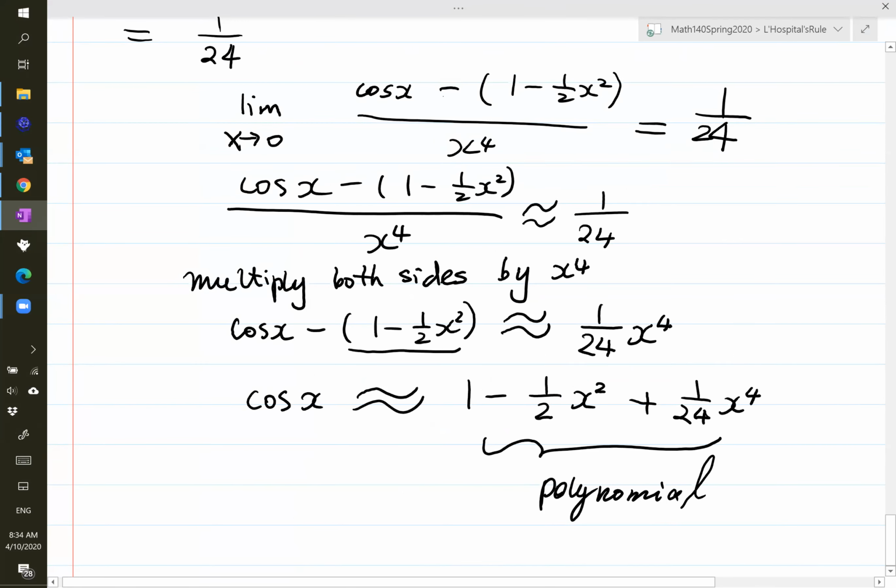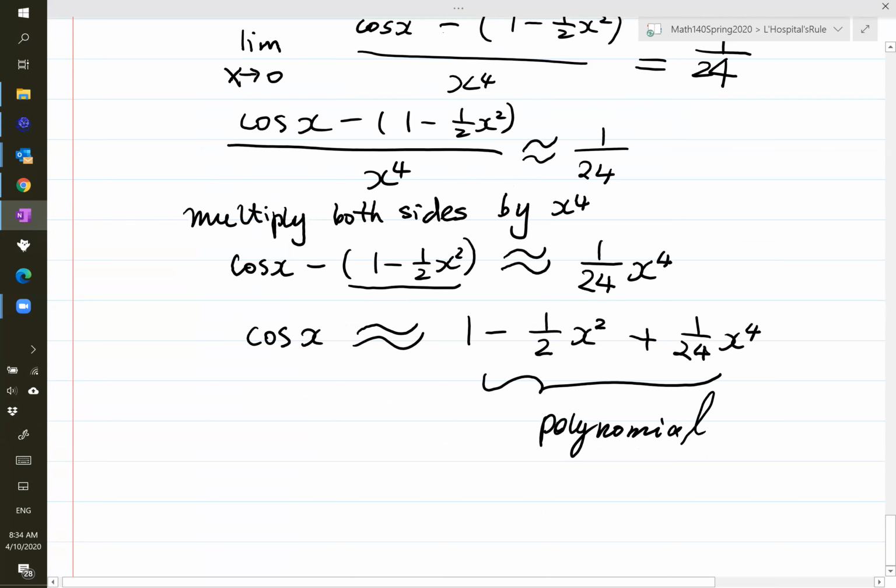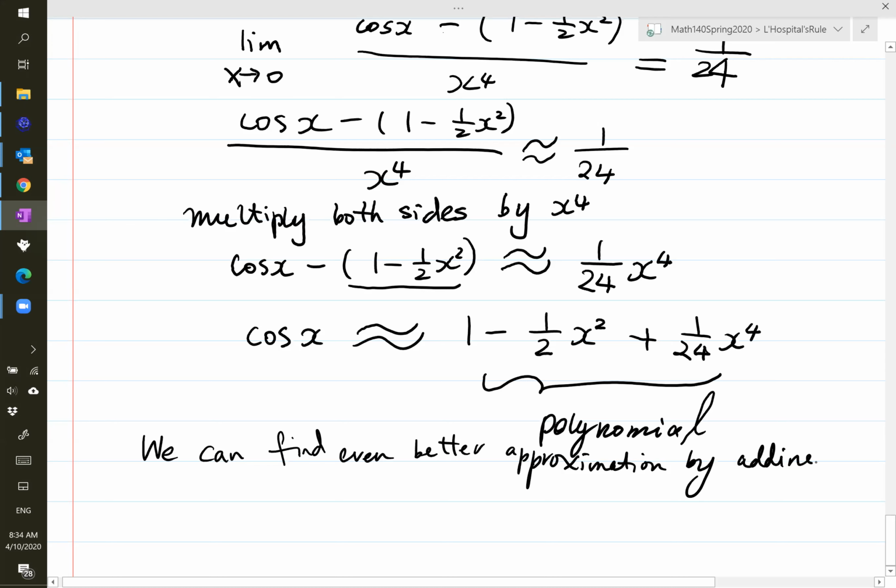For this example, if we have more terms, as we have higher order degree, as we do more times of L'Hopital's rule, we can find an even better approximation by adding more terms, higher degree.